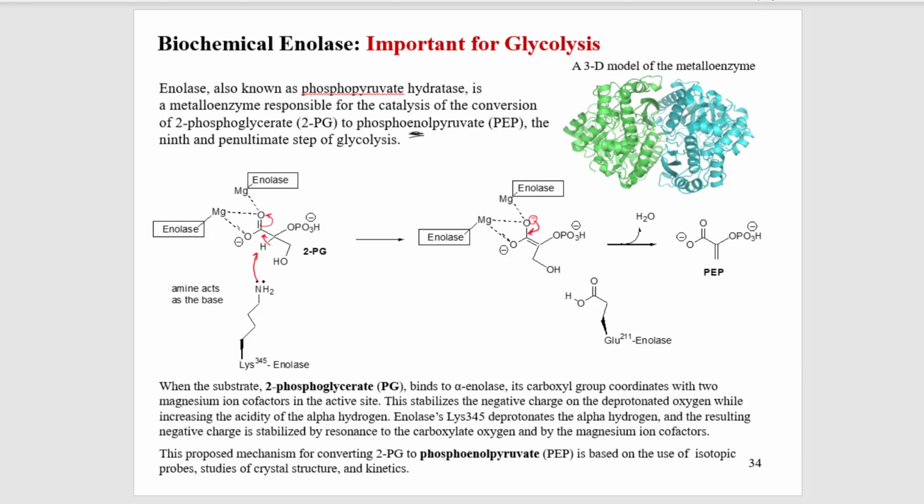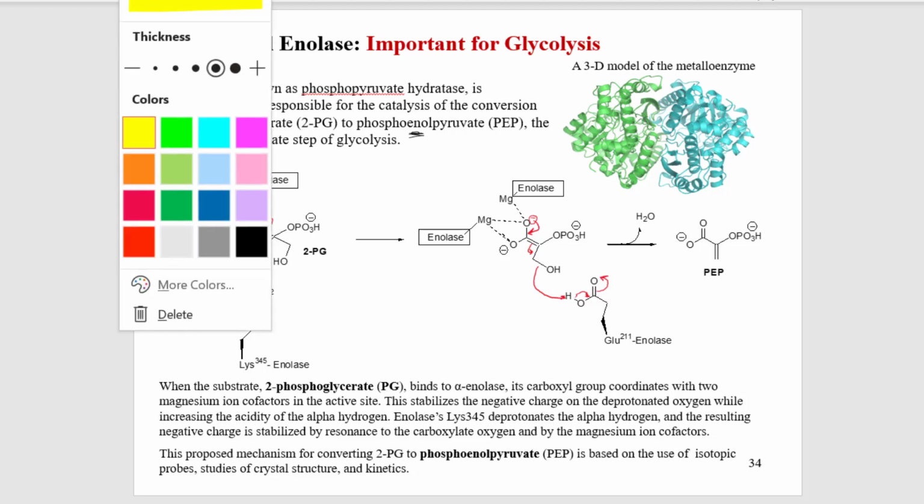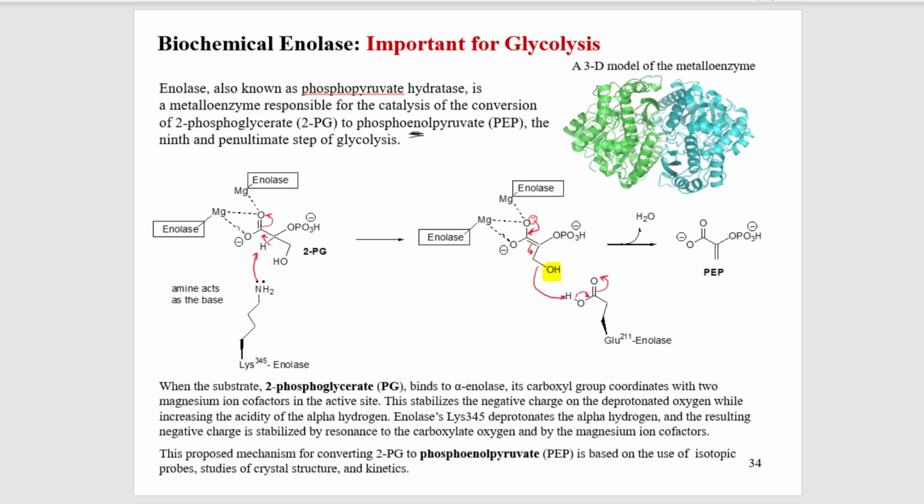We have to reform the double bond. This is a weird step. This comes down, and then this gets protonated. So you are losing, this OH is lost as water.